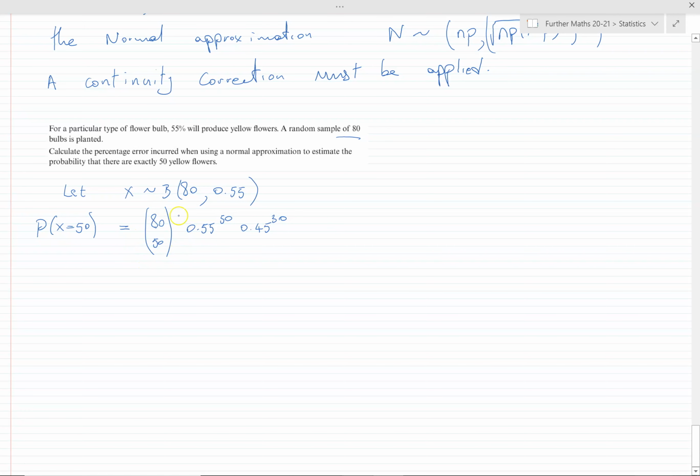So basically you've got this many possibilities, 80 C50, quite a lot of them, and the probability of each individual one of them is 0.55 to the power of 50, because the probability of getting a yellow one is 0.55, and it happens 50 times, and the probability of not getting a yellow is 0.45, and that happens 30 times, and there's 80 C50 different ways of getting that.